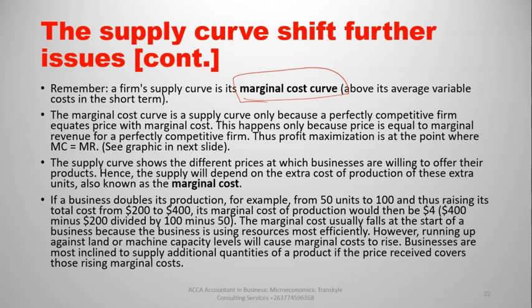Now, the marginal cost curve is a supply curve only because a perfectly competitive firm equates price with marginal cost. This happens only because price is equal to marginal revenue for a perfectly competitive firm. Thus, profit maximization is at the point where the marginal cost curve is equal to marginal revenue.